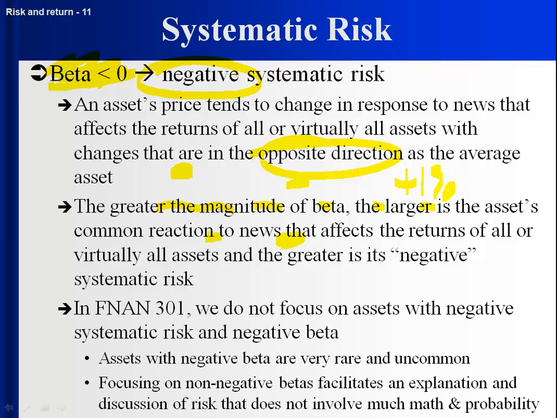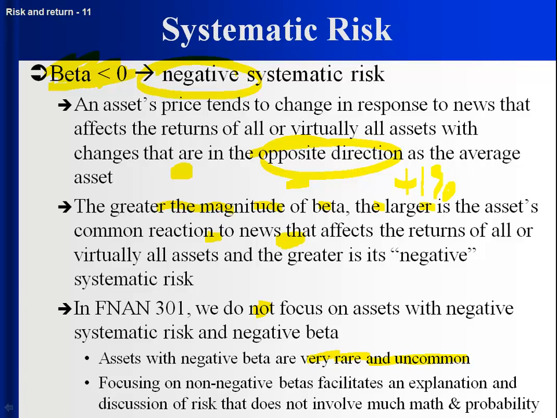In this class, we don't focus on assets with negative systematic risk and negative beta. A couple of reasons. Number one, assets with negative beta are rare and uncommon. As an investor, if somebody wanted to invest in an asset with a negative beta, typically they would have to buy something that was essentially manufactured on Wall Street.